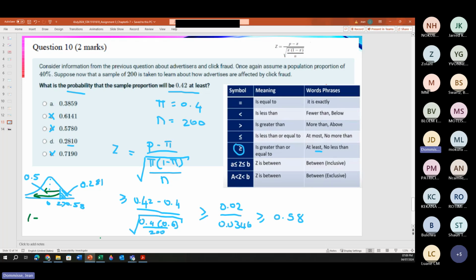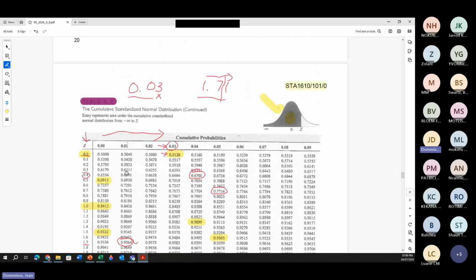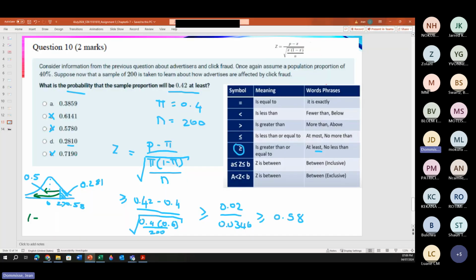So let's look at the positive table for 0.58, which is 0.7190, which was one of those other answers. And if we subtract that from 1, we get 0.281. So we do get the same answer, which is option D.